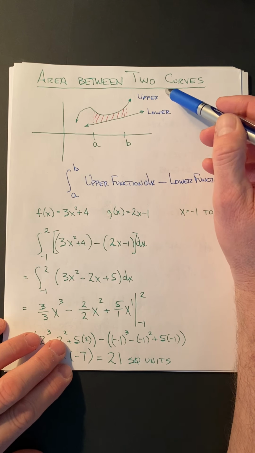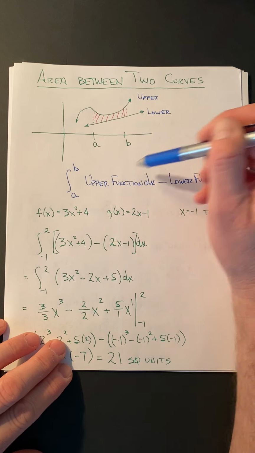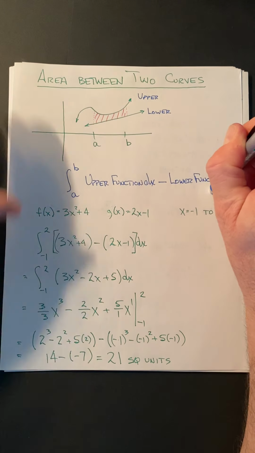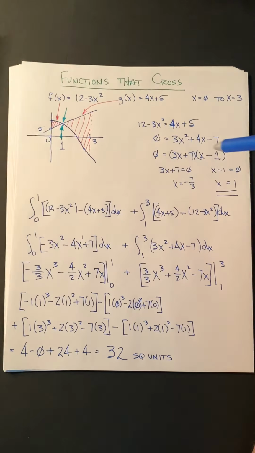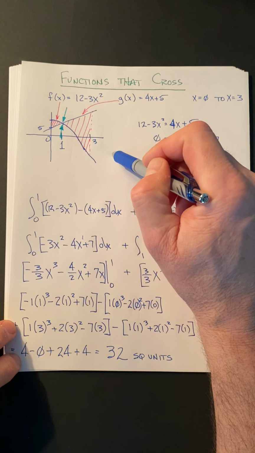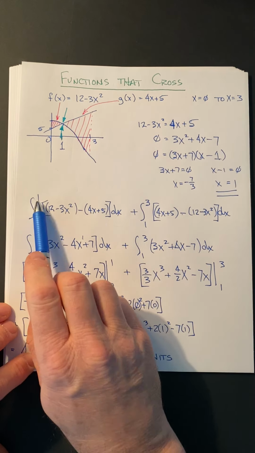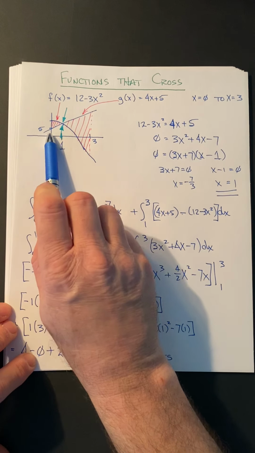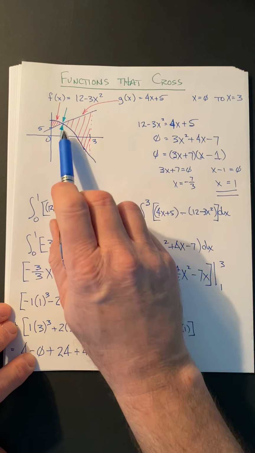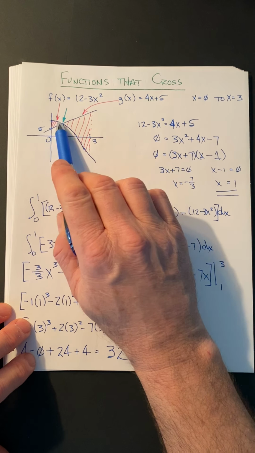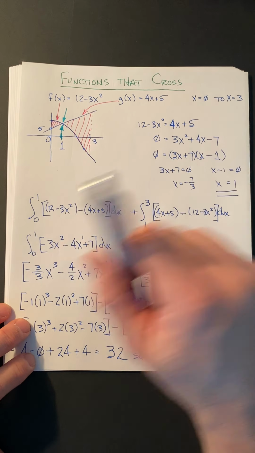The upper minus the lower, that's the key here in order to make this work. When we have an intersection between the two, we can set them equal to 0, find those intersection points, and then use this intersection point as the upper for the first part and the lower for the second part. And then we just have to make sure we know which is upper and which is lower.